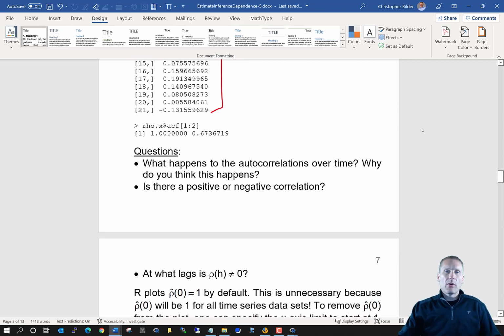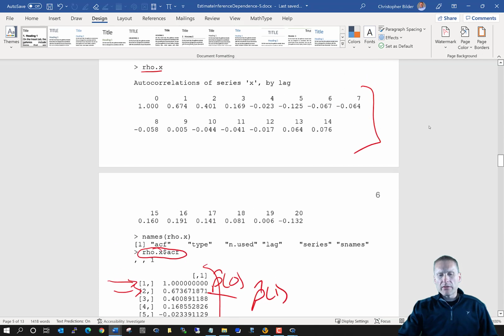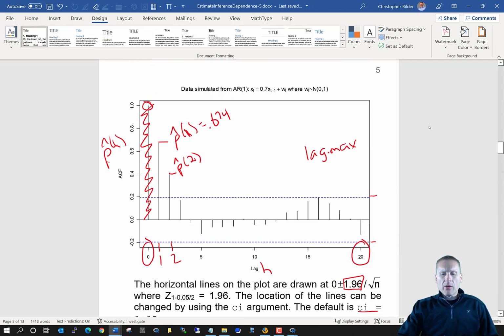So some questions then, well, what's happening to the autocorrelations over time? Well, let's take a look at the plot. We can see that we start off with some rather large autocorrelations. We have sufficient evidence that the true autocorrelations are not equal to 0. But then as we go along through time, we see essentially all these autocorrelations are within those blue dashed lines.